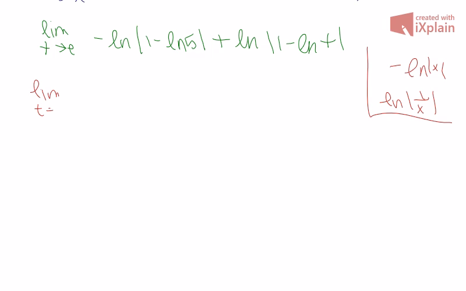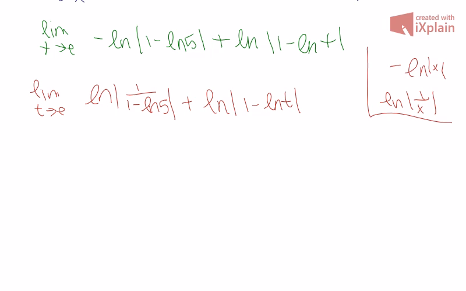The limit as t approaches e of ln of the absolute value of 1 over 1 minus ln of 5 plus ln of 1 minus ln of t.